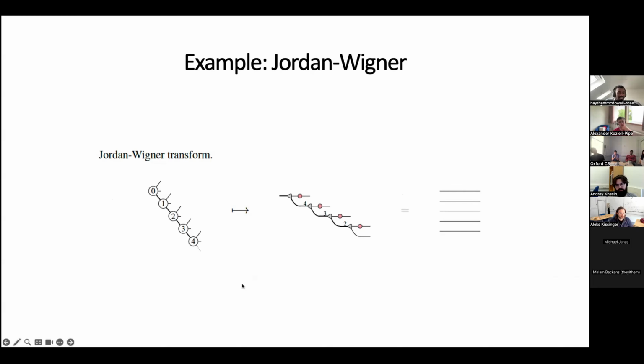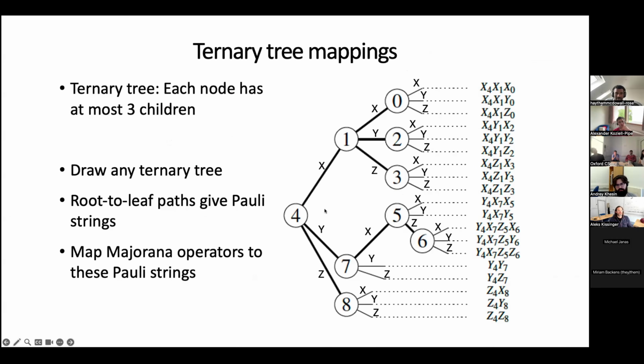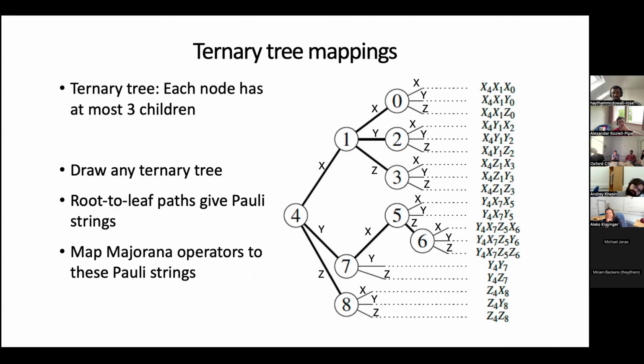I haven't labeled the legs of the tree, but we always take X, Y, and then Z in that order, just by convention. So any root-to-leaf path corresponds to the Pauli string you get from traversing X, Y, Z like that.